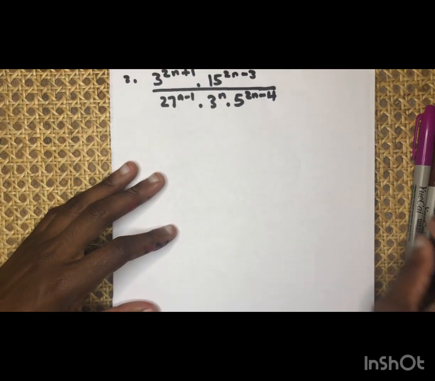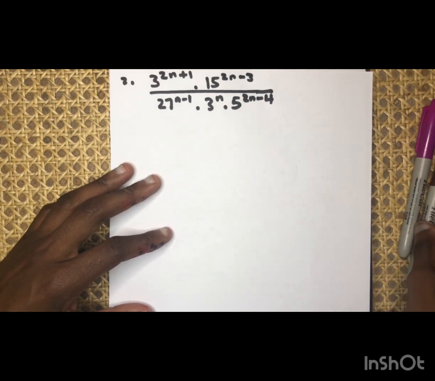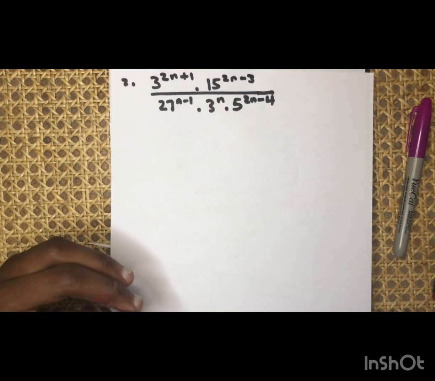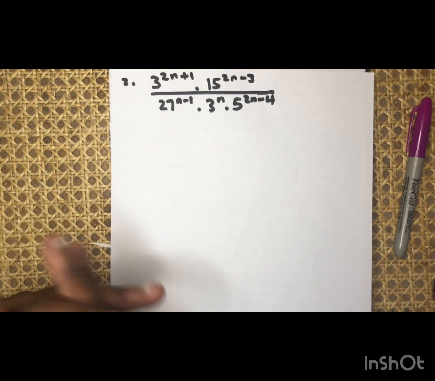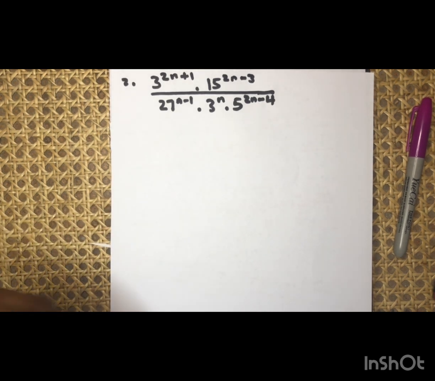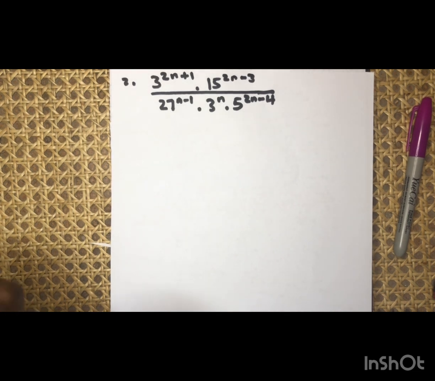Right, let's take this question, guys. Remember, we said on the previous video that we need the prime factors here. After I get the prime factors, I'm going to multiply the exponents in the brackets and take everything to the top.